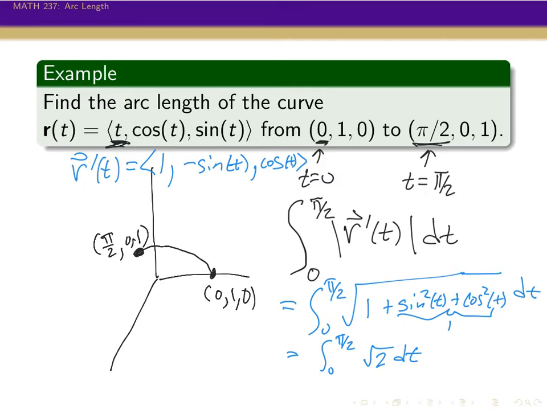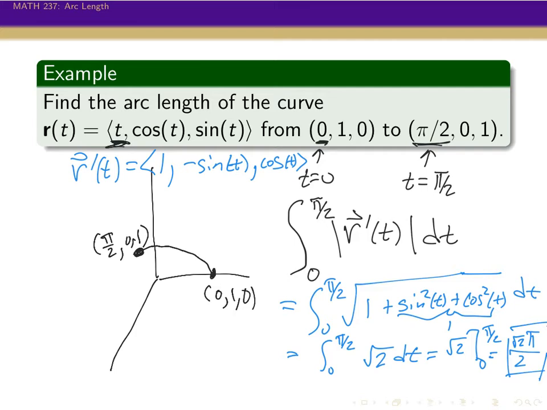So we're just integrating square root of 2 from 0 to pi over 2, which is square root of 2 times pi over 2. And that's our answer.